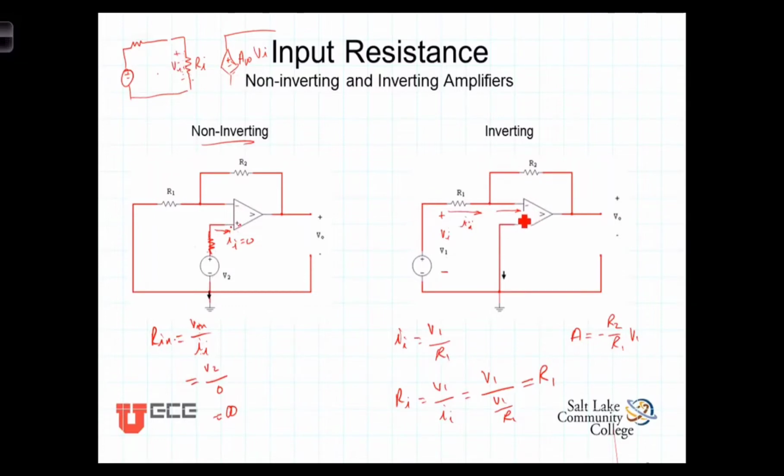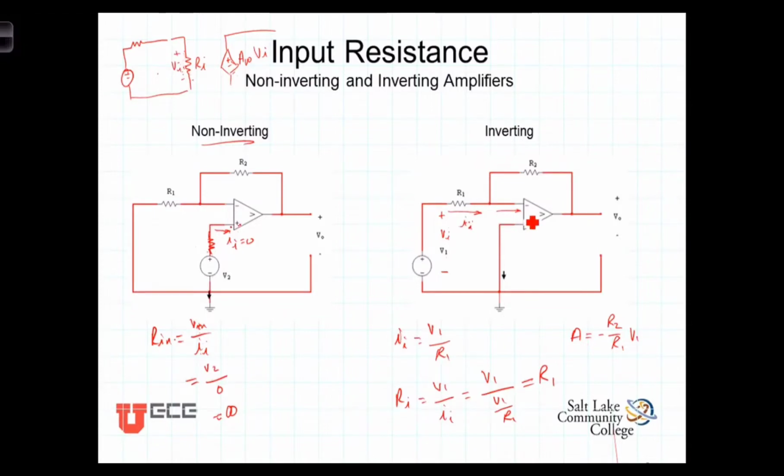No longer is this current going into the inverting terminal of the amplifier so much smaller than the other currents around it that we can just neglect it. So at some point, these resistances cause such small currents that this current and this current are going to be on the same order, and we can no longer ignore that current.